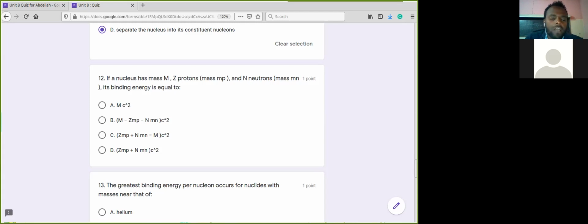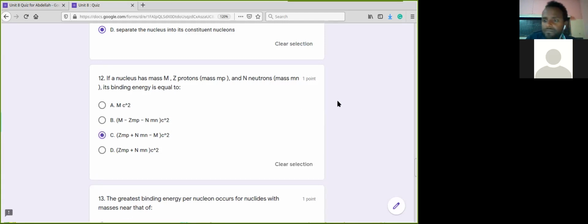From last week's slide, the mass defect is given by the summation of the mass of the nucleons minus the mass of the nucleus, times c squared. Therefore, C is the correct option. Very good.